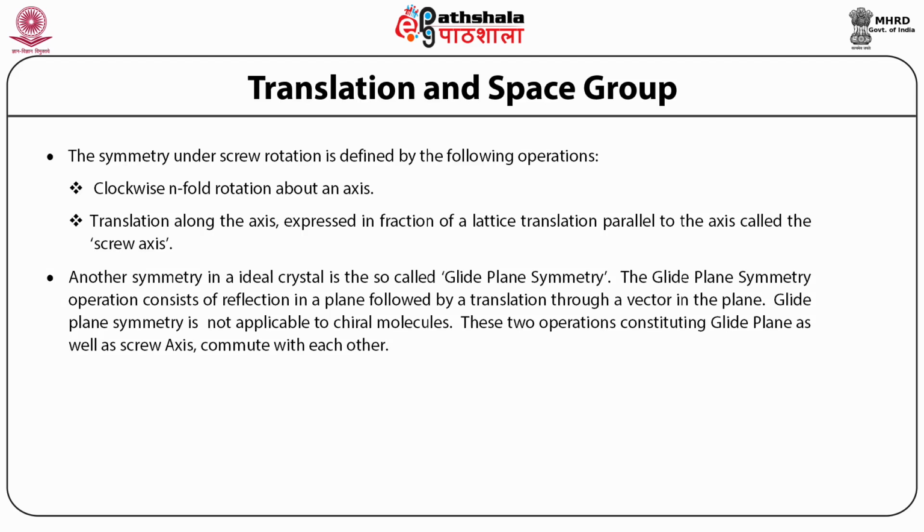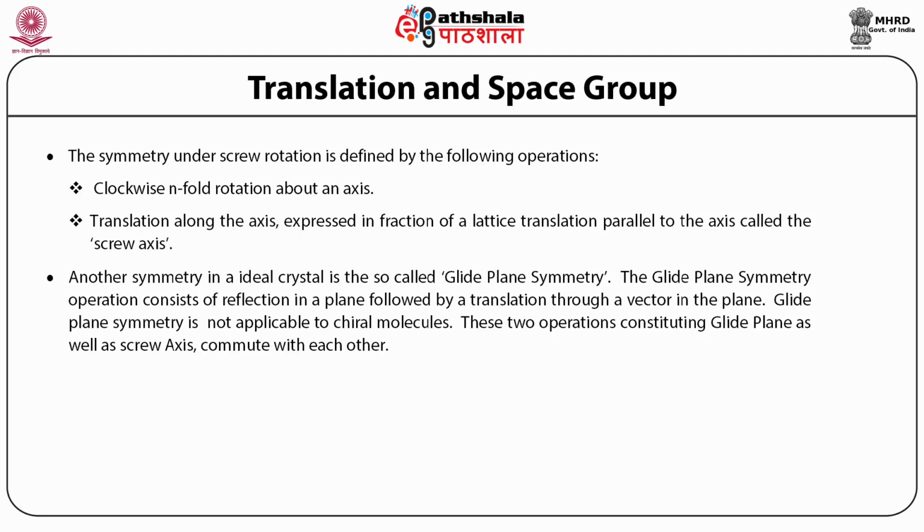Another symmetry in an ideal crystal is the so-called glide plane symmetry. The glide plane symmetry operation consists of a reflection in a plane followed by a translation through a vector in the plane.